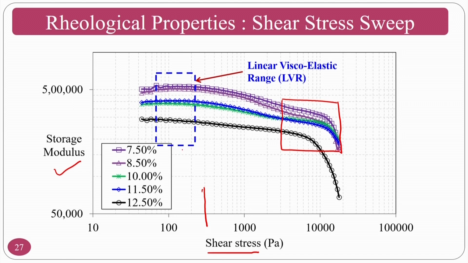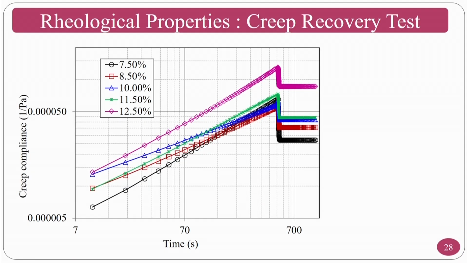If I give linear viscoelastic region values, my polymer molecules are in the original state and I can measure the original values of viscous and elastic nature. For that purpose, I have given 100 Pascal here, which is taken from the previous slide, which is in the linear viscoelastic region, and I am observing the viscous and elastic components.